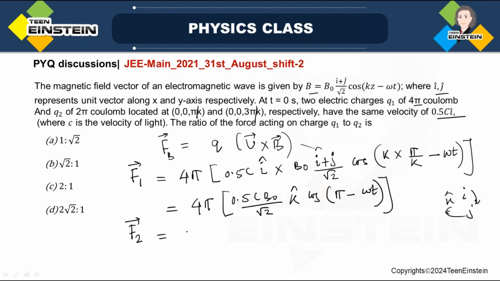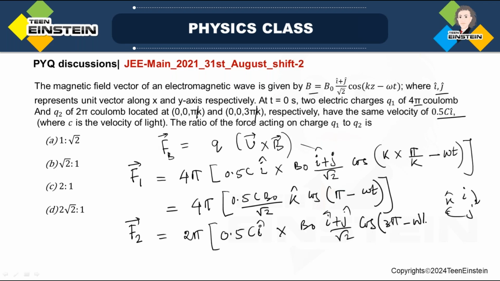F2 will be 2 pi coulomb into 0.5 c i cap cross B0 (i plus j) by root over 2 cos of, this will be 3 pi. Since it is kz, 3 pi by k, so it will be 3 pi minus omega t. You can directly write this thing.